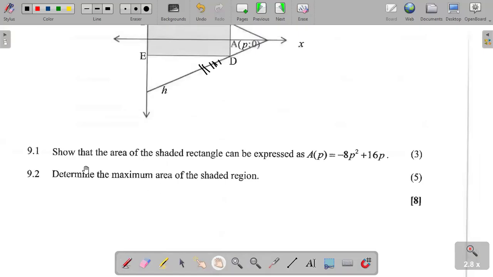So 9.1, show that the area of the shaded rectangle can be expressed as A of P equals negative 8p squared plus 16p.